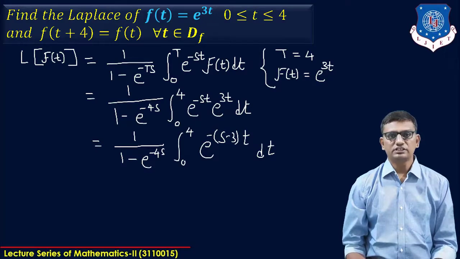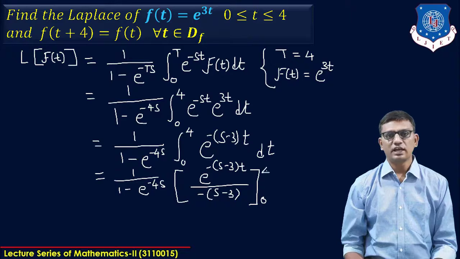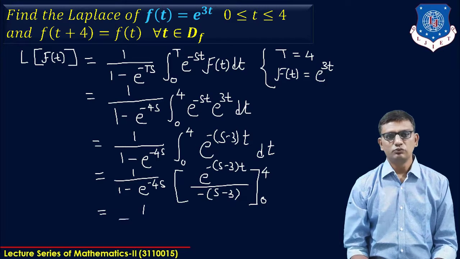Now we will integrate this term and we get finally 1 upon 1 minus e raised to minus 4s, which is as it is, and the integration of e raised to minus s minus 3 t gives e raised to minus s minus 3 t upon minus s minus 3, and the limit is only 0 to 4. In the Laplace transformation we have a limit 0 to infinity, but here our limit is 0 to 4 only.